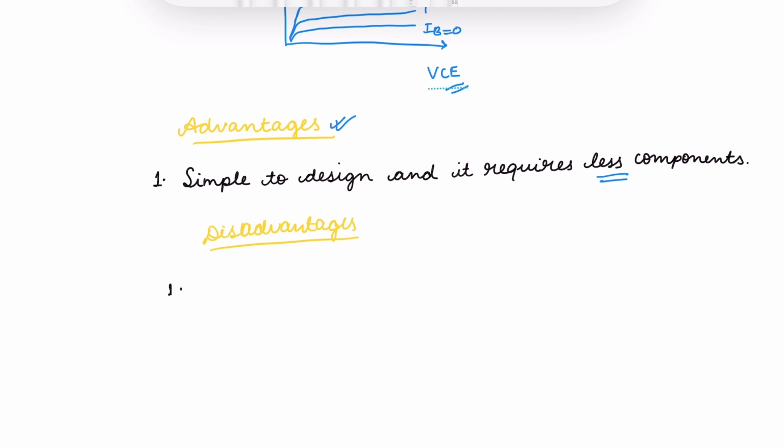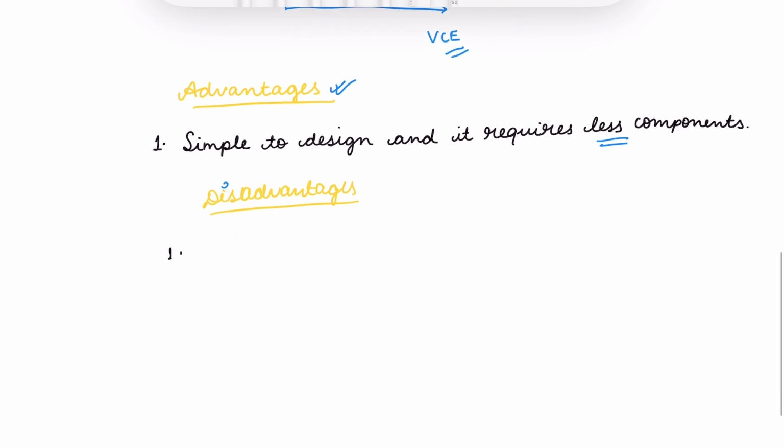And the second thing is, when we discuss the disadvantages of this fixed biasing configuration, it is that it is very sensitive to temperature changes.